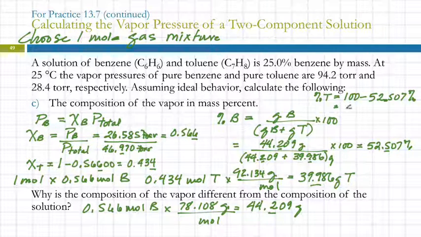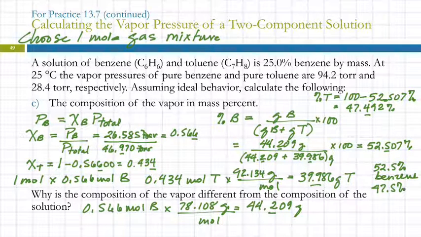So we've got 52.5% benzene and 47.5% toluene. Yeah, it's a little ridiculous, isn't it?